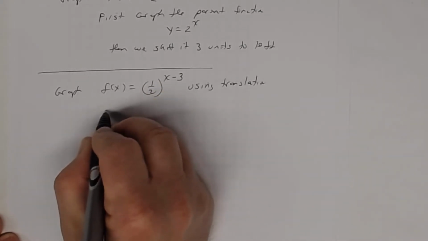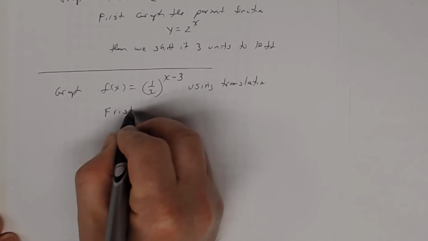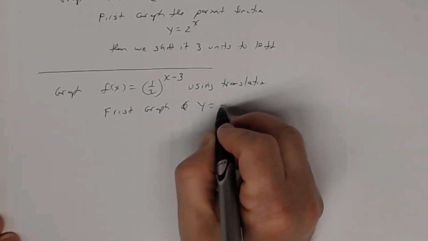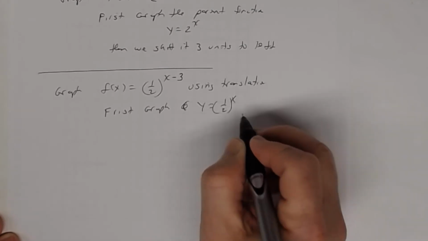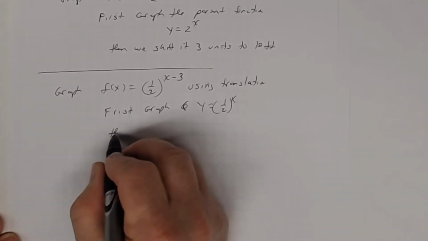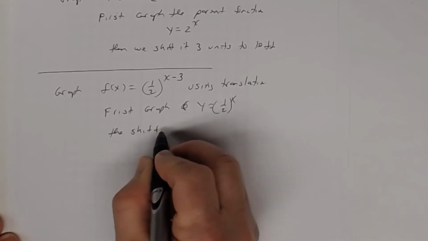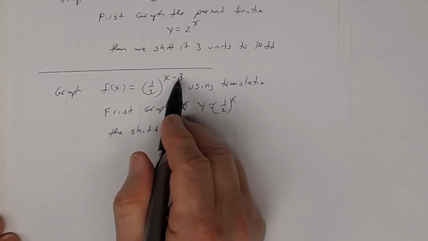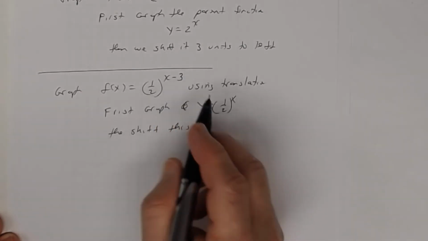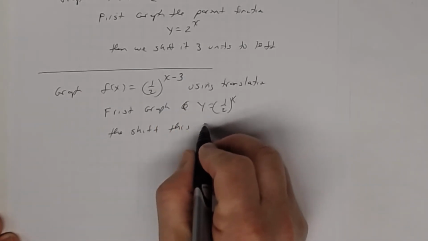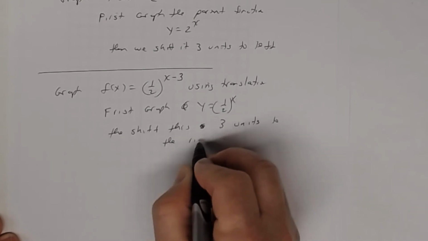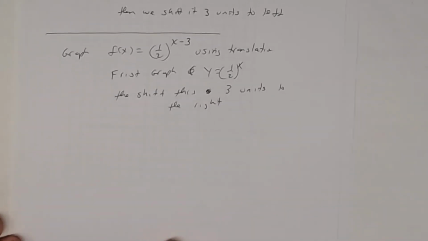So we're going to first graph the parent function, which is y equals 1/2 to the x, okay, the parent function, and then shift this, and then remember x minus 3, so we're going to shift it 3 units to the right, okay? So shift, and then shift this 3 units to the right, okay?